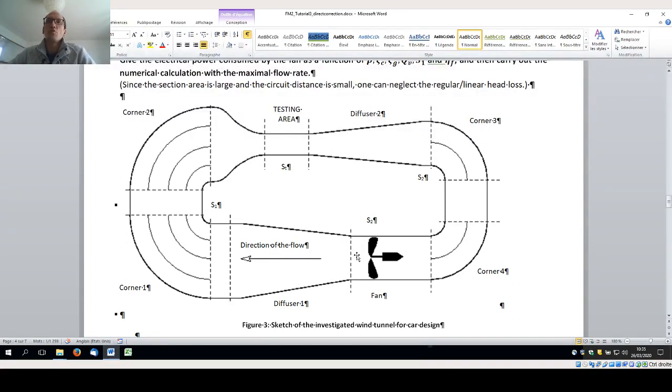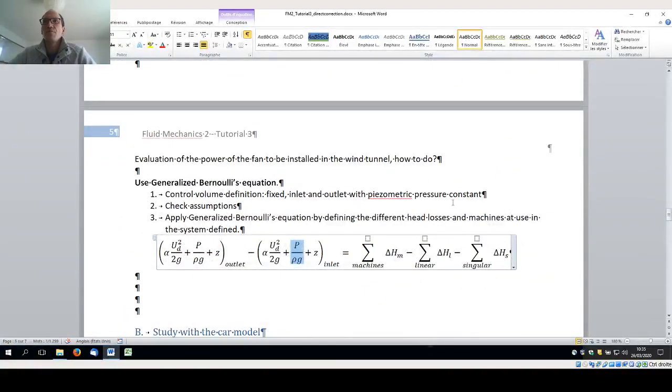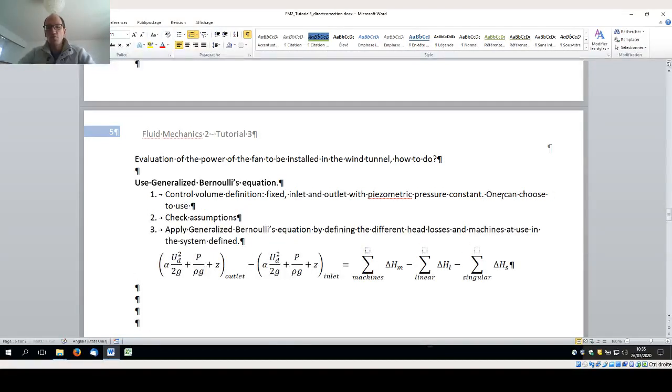So to start from one section, to take all the control volume and to end up with the same section. Okay, so let's write this. One can choose to use the whole wind tunnel as control volume, so nothing prevents it.